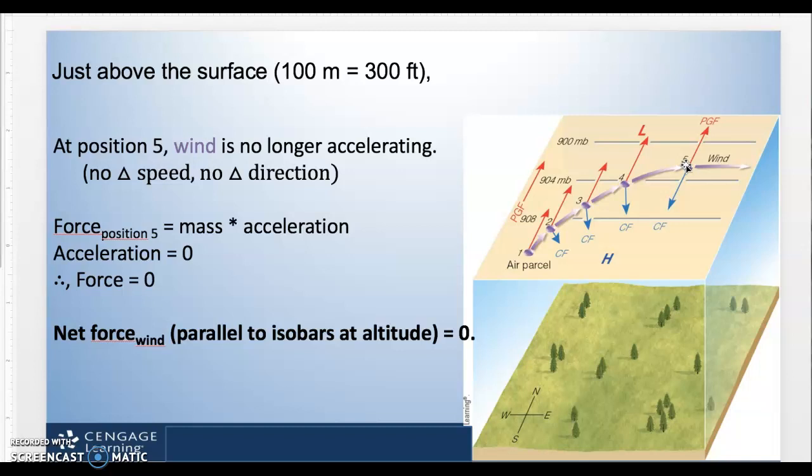As a result of that, the force on that is a net force of 0. Because remember, force is mass times acceleration. If you're not accelerating, you don't have anything to multiply by, your force is going to be 0. When the wind is parallel to the isobars at your altitude.